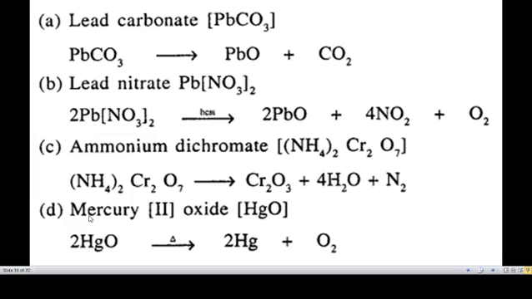Last reaction, mercury oxide, HgO, is decomposed into Hg and oxygen. These are also examples of decomposition reaction.